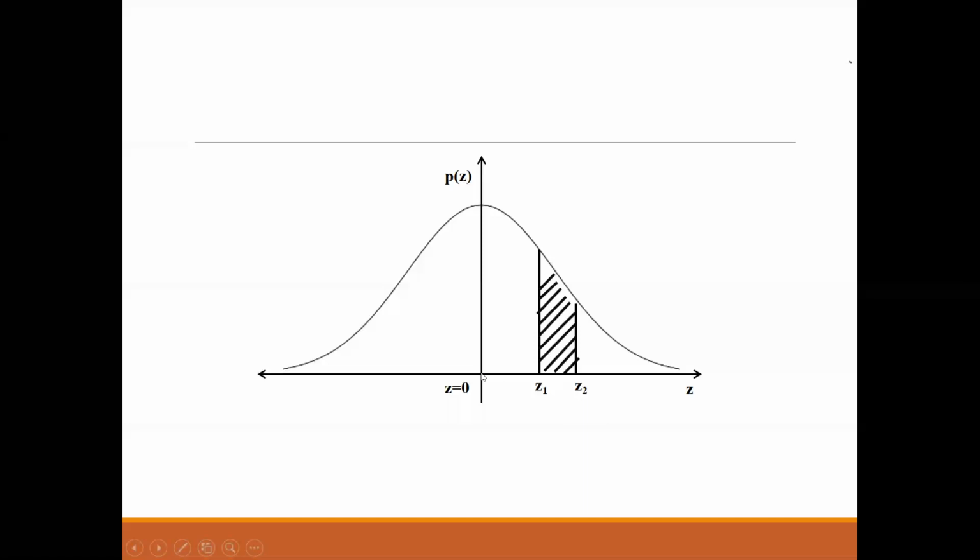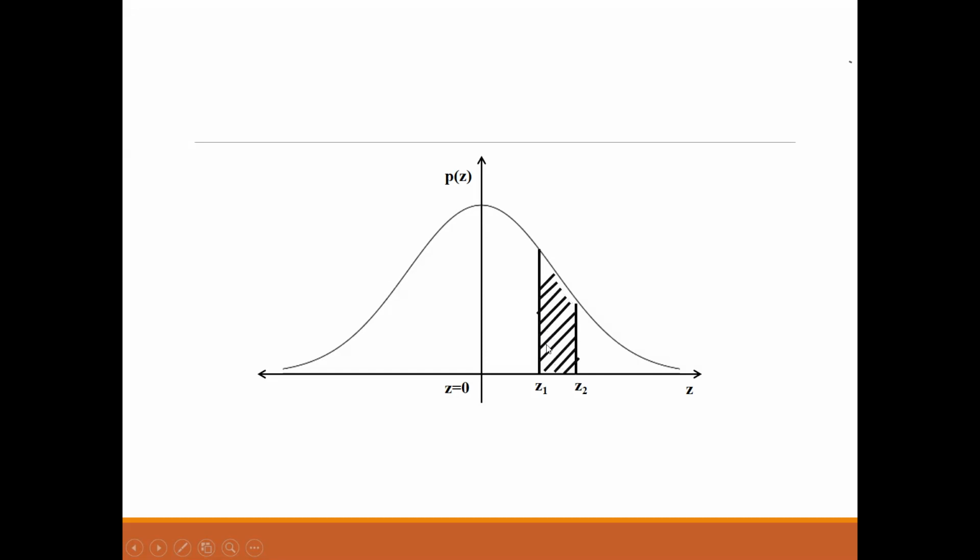What I can do is find the probability from 0 to Z2, the whole area from 0 up to the line of Z2, and subtract the probability from 0 to Z1. If I do that, I get the probability of the area in between.